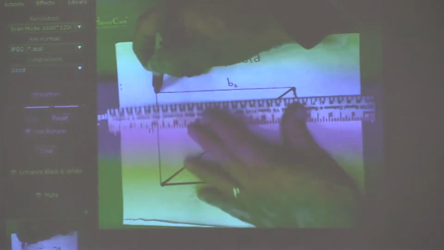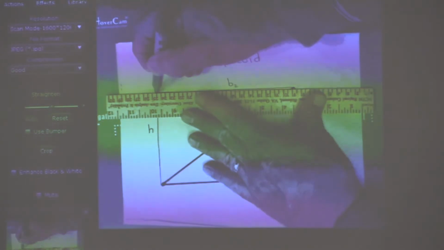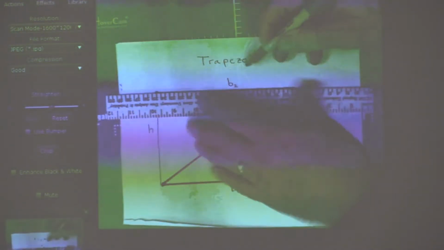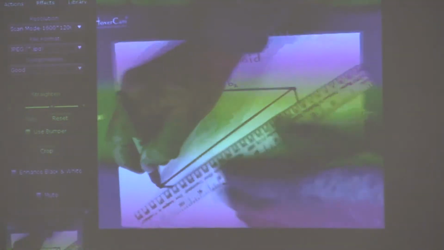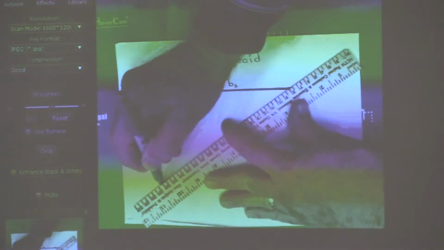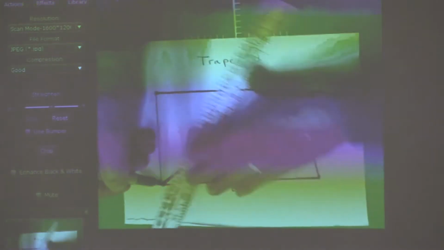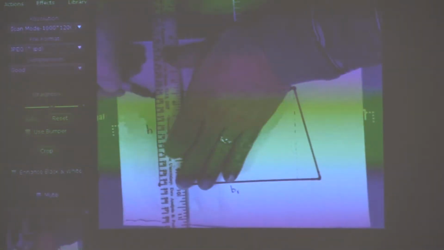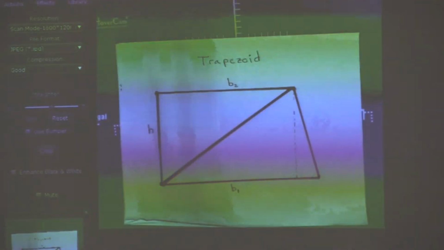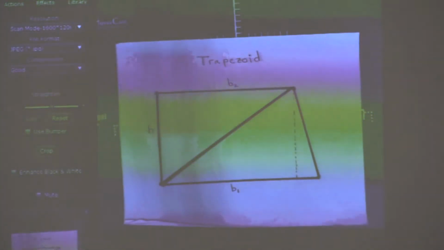Because remember, we already know, you and I talked about this a few moments ago. We talked about the area of a triangle, we even derived it. It's 1/2 times the base times the height. So, it's kind of tough for you guys to see the red and green, isn't it?